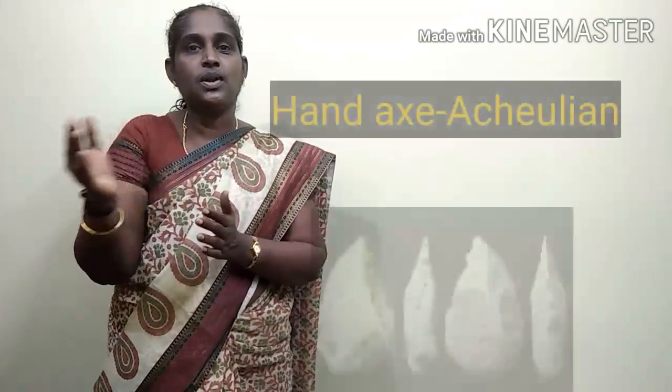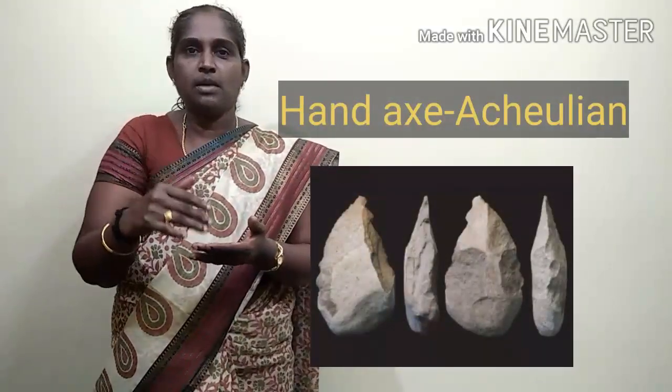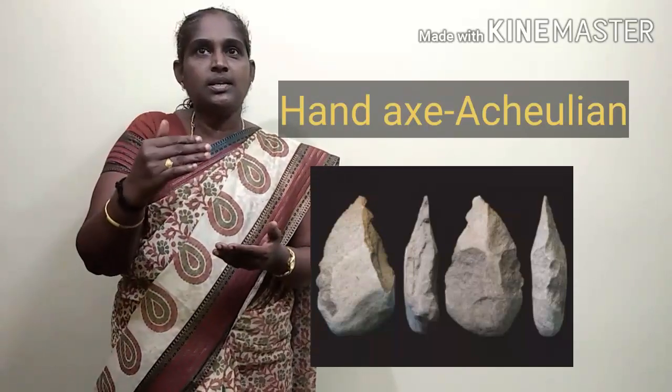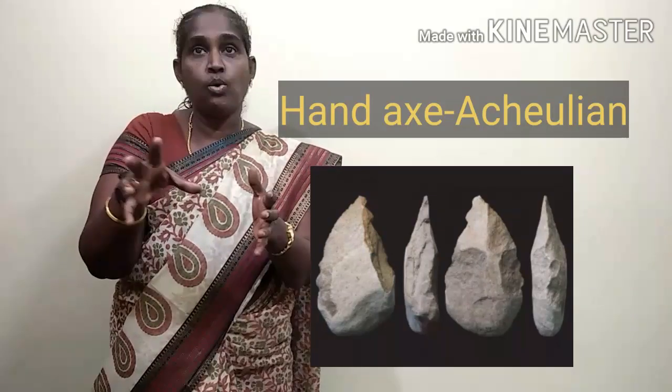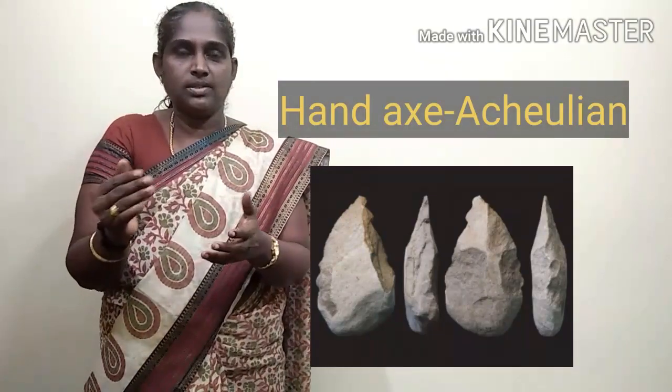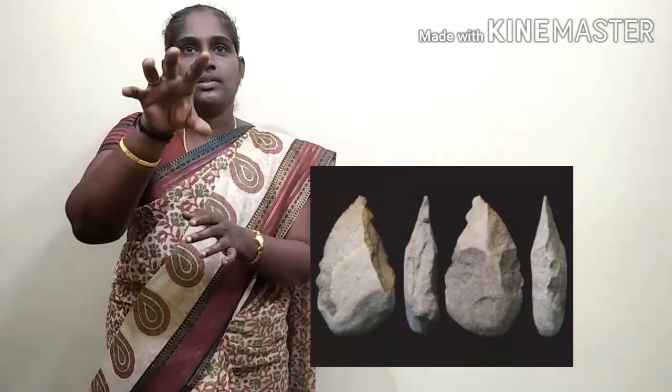The hand axe tools are also known as Acheulean. Why is it called by the name Acheulean? Acheulean is a place in France. The tools were first of all found in Acheul, the place in France, so it is called Acheulean tools. In India, this type of tool making was there, and this tradition continued from 250,000 years to 60,000 years ago.